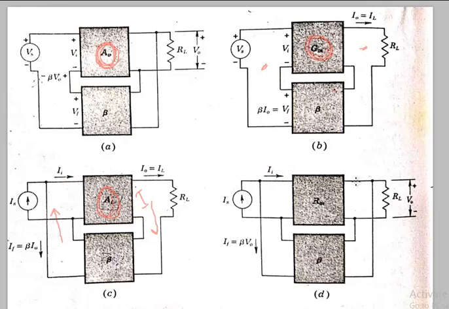And finally we are taking voltage from the output and giving current at the input, so that is facilitated by a trans resistance amplifier. And that is the reason why we use different types of amplifiers in different types of feedback connections.